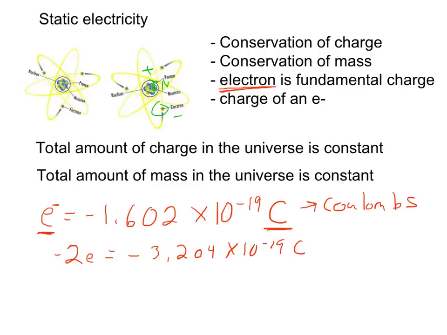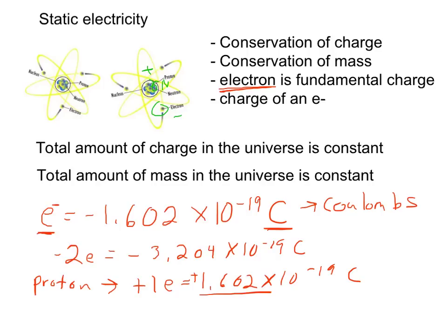I can also talk about positive charges in terms of the charge on an electron. For example, a proton has a charge of positive 1e, which is positive 1.602 times 10 to the negative 19th coulombs.